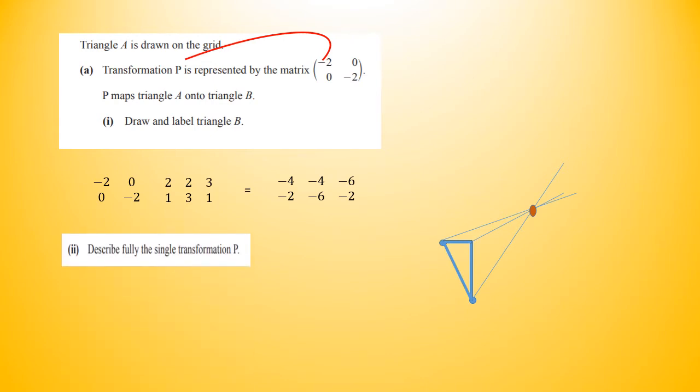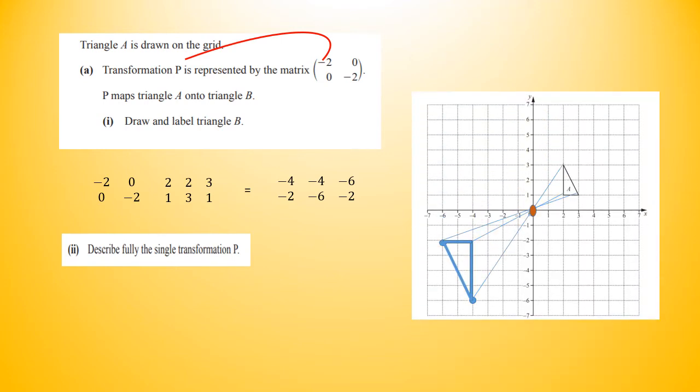Next, they ask you to describe fully the single transformation P. Now we can see that in the previous part, we mapped triangle A onto triangle B by a matrix.